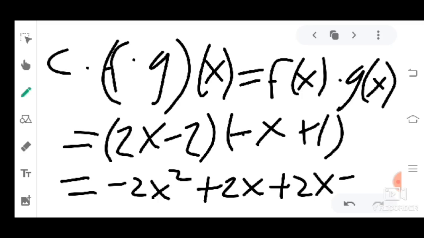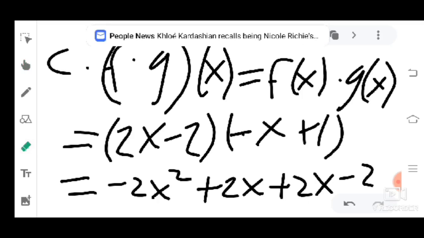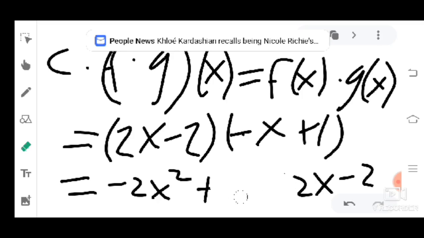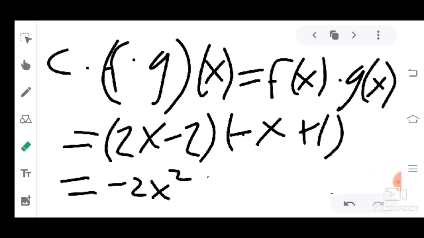We have minus 2. And obviously, these two are like terms, so it can be combined as 4x. It is just plus 4x minus 2.